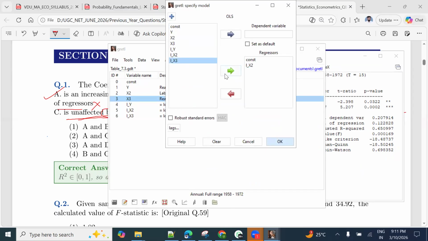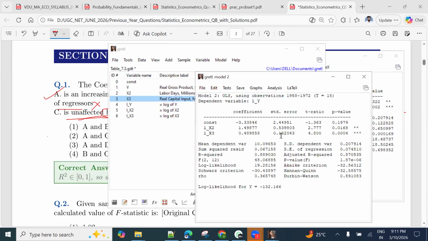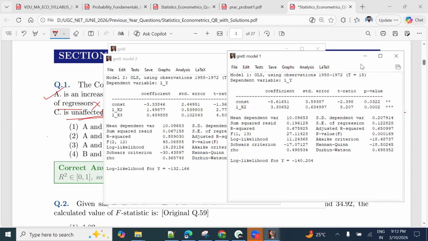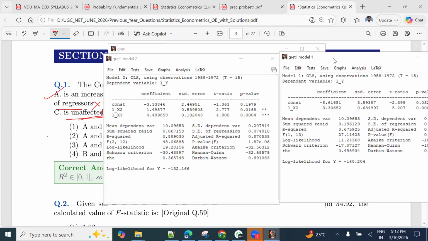Then I'll add this, and this is our dependent variable. So the constant is minus 3.384, right?